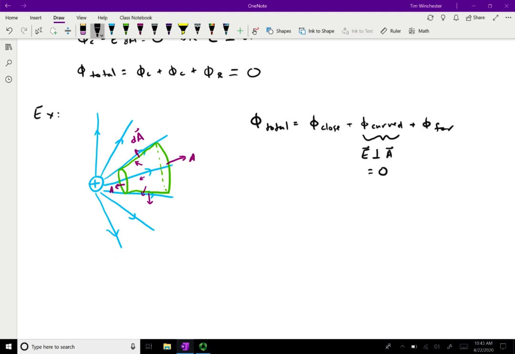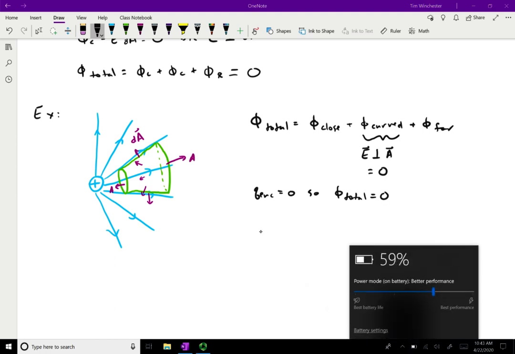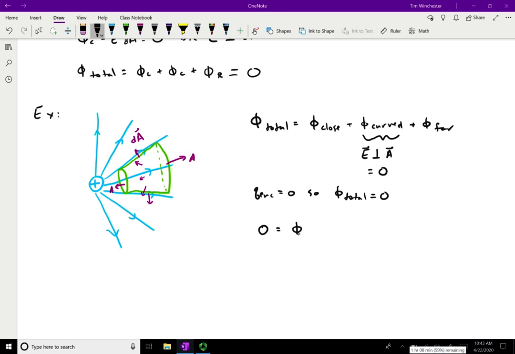Notice again, there's no charge enclosed, which means that the total flux is equal to 0. So 0 is equal to the flux through the close side plus the flux through the far side. We can conclude then that the flux through this side over here is the same size but opposite sign as the flux through this side.